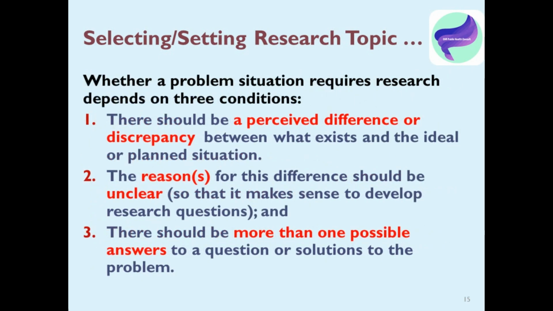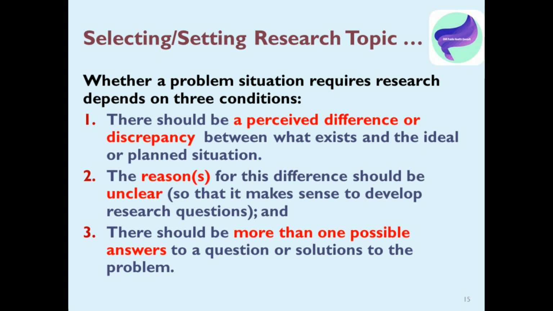From the various sources, we may have identified many research ideas, but not all may require research. So we have to check whether each research idea really requires research or not. Whether a problem situation requires research depends on three conditions. First, there should be a perceived difference or discrepancy between what exists and the ideal or planned situation.